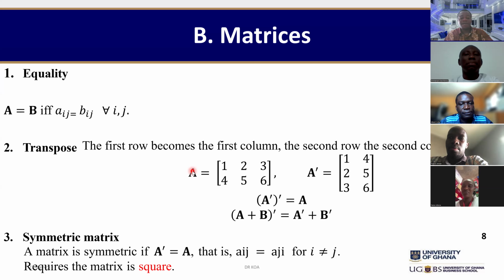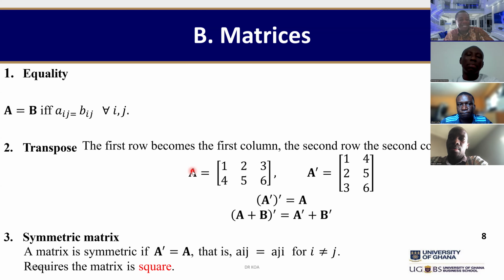So if you have a matrix A, A transpose is equal to A. Because, and watch it, the element of A at ij is the same as the element at ji, even though i is not the same as j. In other words, even though the elements within are not the same, in the positioning the contents are the same. And that is why I said that it requires that the matrix is a square matrix.